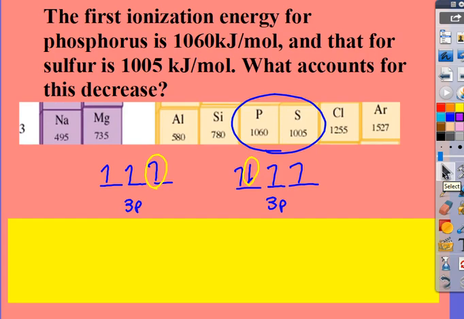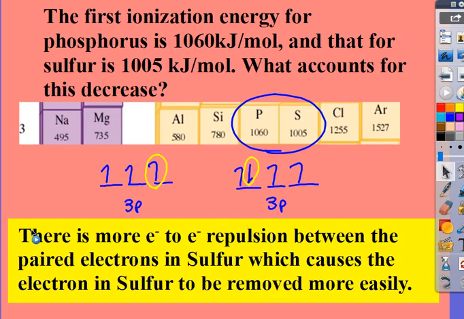Recall that electrons are negative and they don't pair up until they have to because there's going to be repulsion when they pair up. That's what causes the decrease in ionization energy for sulfur. There is more electron repulsion between the paired electrons in sulfur, which causes the electron in sulfur to be removed more easily.